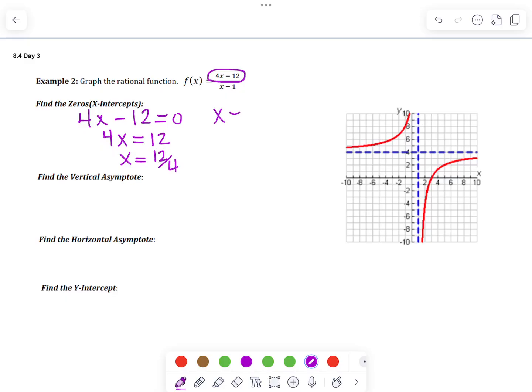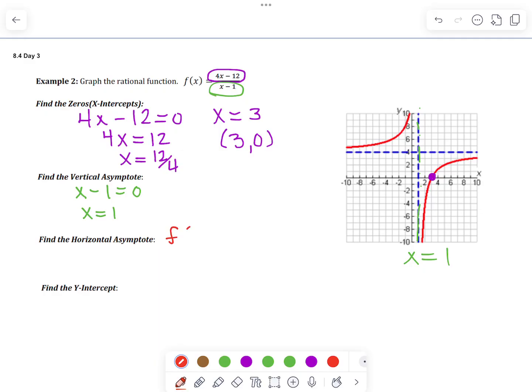So we get x is 3. So our x-intercept is at the ordered pair 3, 0. The vertical asymptote is the 0 of the denominator. Solve for x. So here's our vertical asymptote at x equals 1.